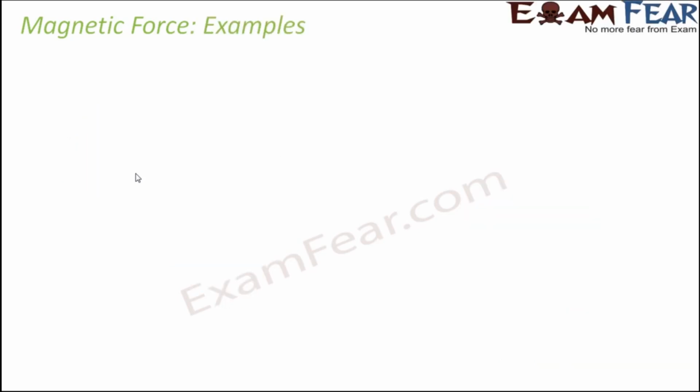Let us look at a few more examples of magnetic force. Now, if you take two magnets and you align them in such a way that the south pole of one faces the north pole of another, there is quite a considerable distance between the two magnets and they are not in contact, but still due to the presence of an attractive force, they tend to move towards each other.